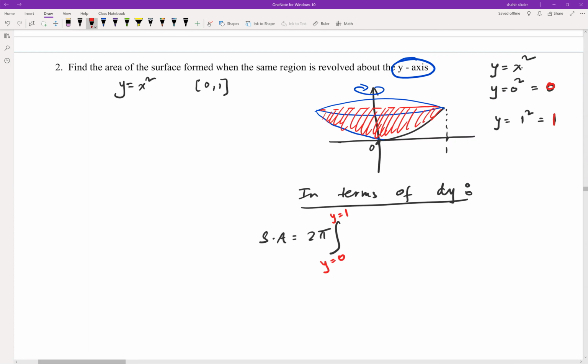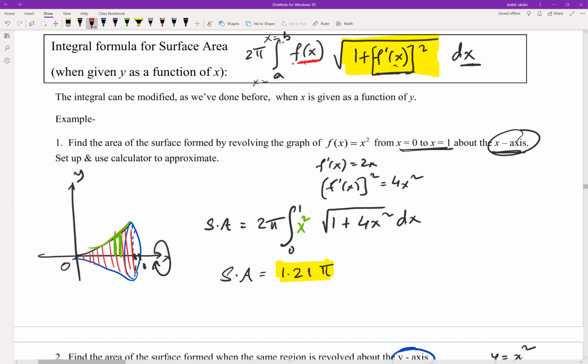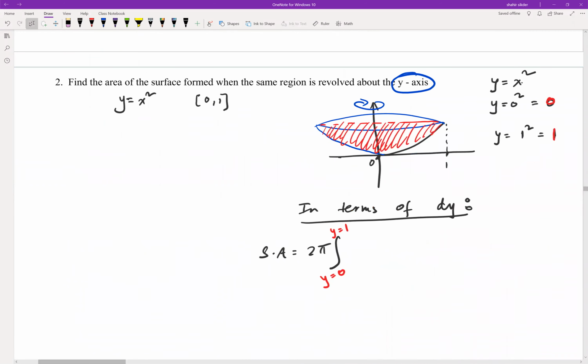Then it says f of x, that's the function. Now you have to have f of y. Our parent function looks like y equals x squared, so how do you solve for x? I can take the square root, so I would have x equals plus and minus square root of y. But you can't have two functions going in as a radius, right? Because you're looking at something like this. So think about this function: this is like this, and the other one is like this. I'll draw the picture.